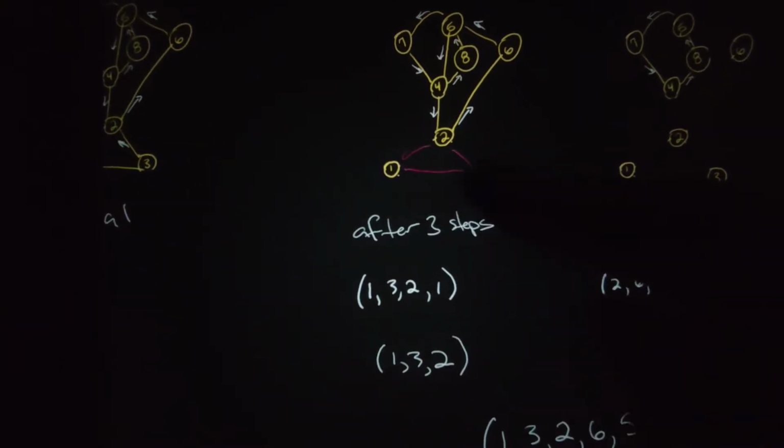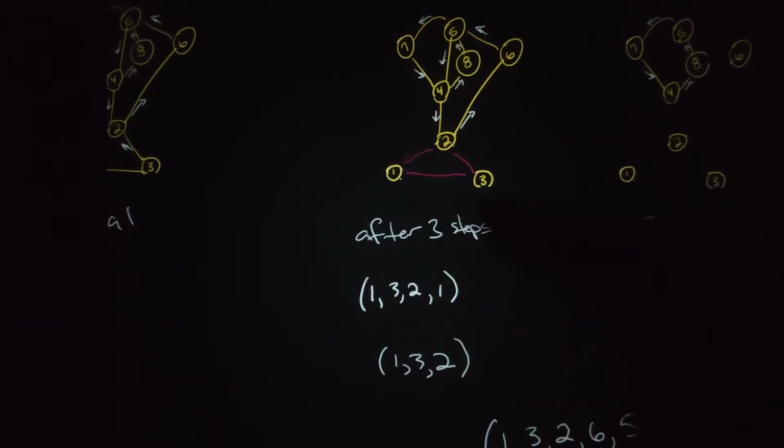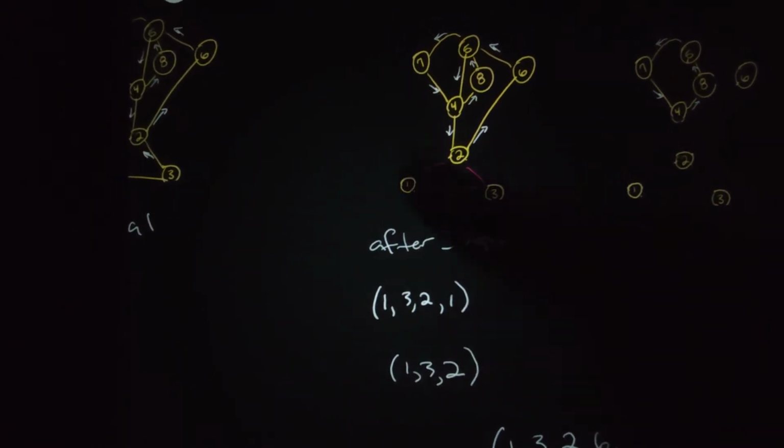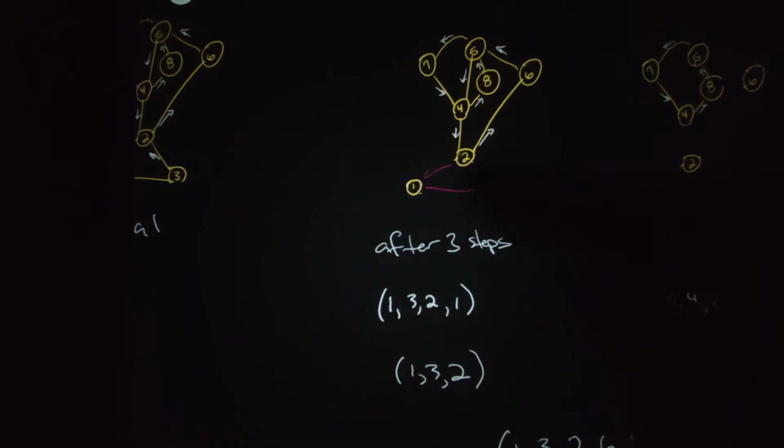Removing the 3 as we go from 1 to 3 to 2, we could go back to 1, and that's the bottom triangle. All right.